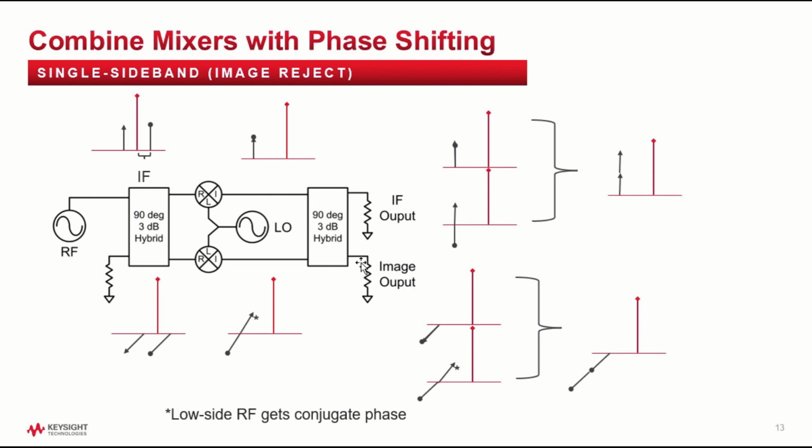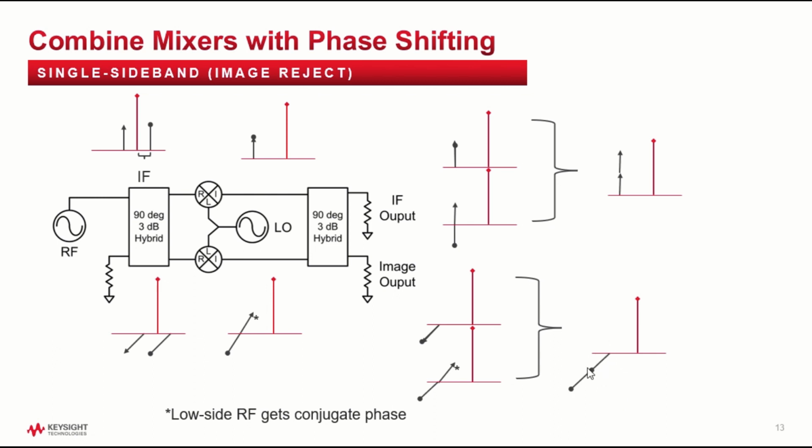On the other hand, if we take the output image signal and we look at that, well, both of these zero signals pass through the 90-degree path, so they're shifted 90 degrees. Both of these pass through the zero path, so they shift 0 degrees. So the arrow is plus and minus 90 degrees, and it cancels. The dots are both 90 degrees, and it comes out with a 90-degree phase shift, twice the signal.